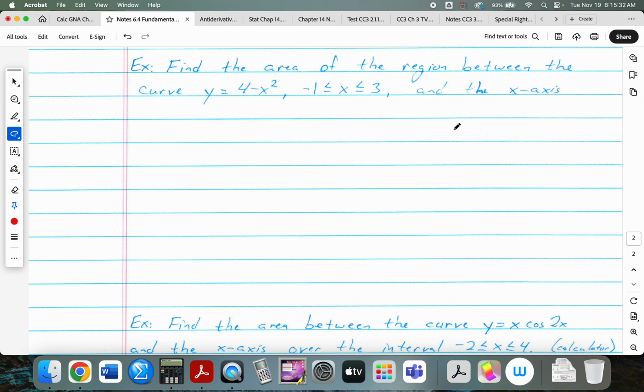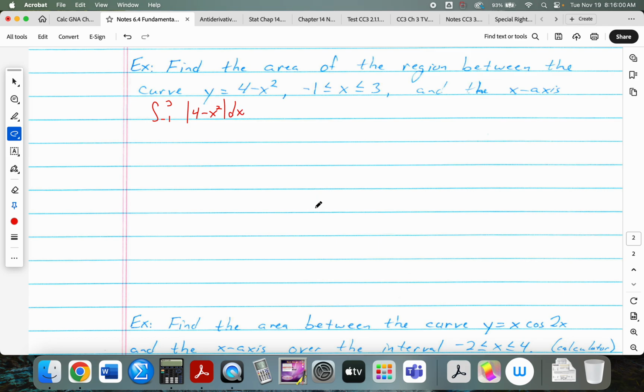And remember that if any of the curve is below the x-axis, the integral counts that as negative. But area is never negative. So what we actually need is the integral from -1 to 3 of the absolute value of 4 minus x squared dx.